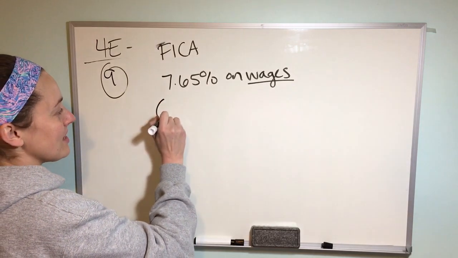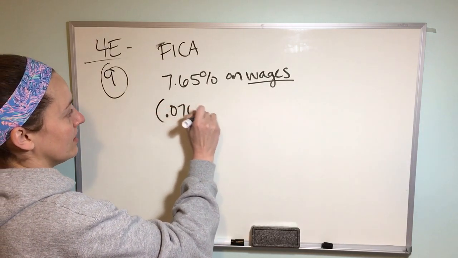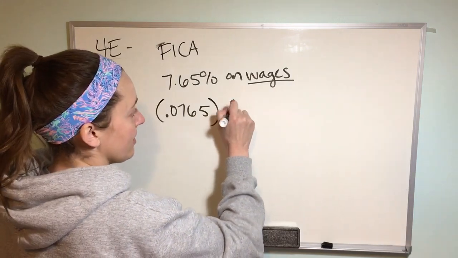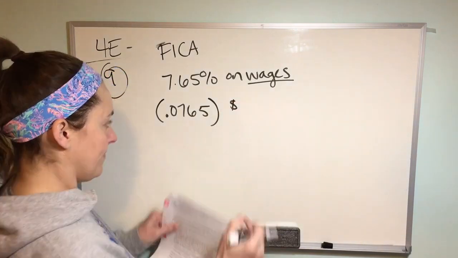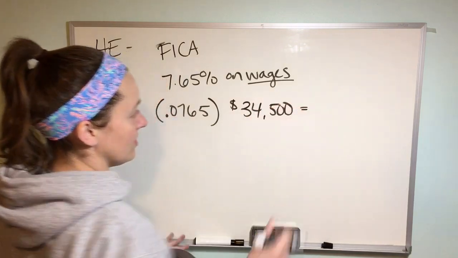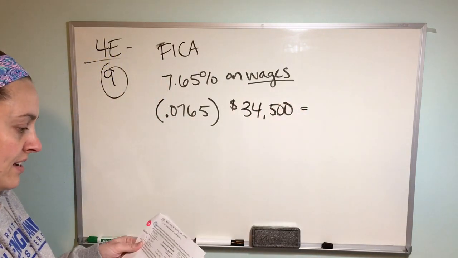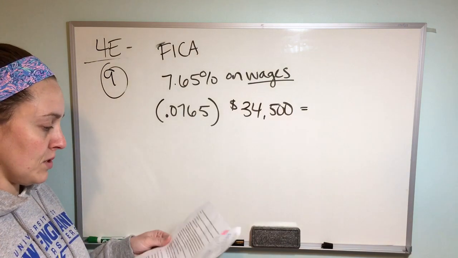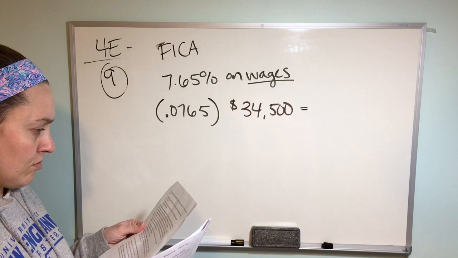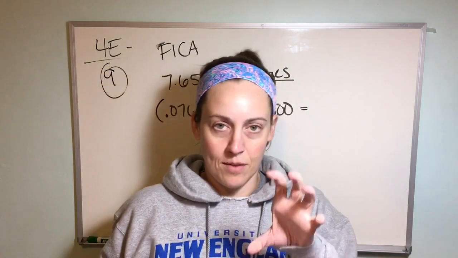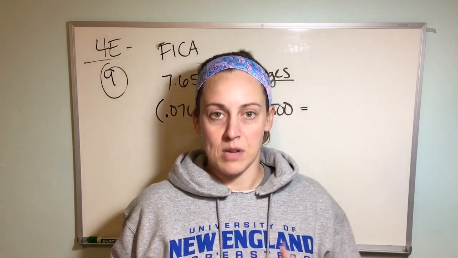So if we want to make this into a decimal, we're going to say, okay, 7.65% of, wait, what did she make? $34,500. So that's the FICA tax for her. And it just comes off the wages number at the beginning.